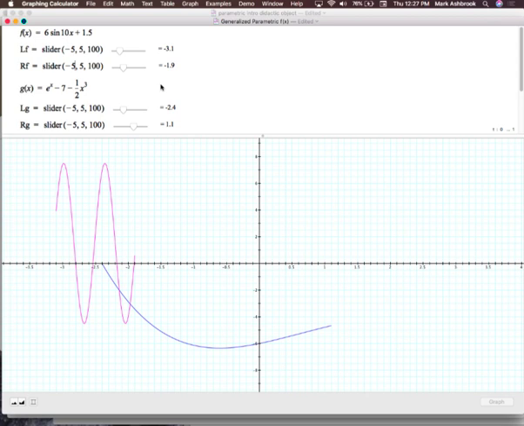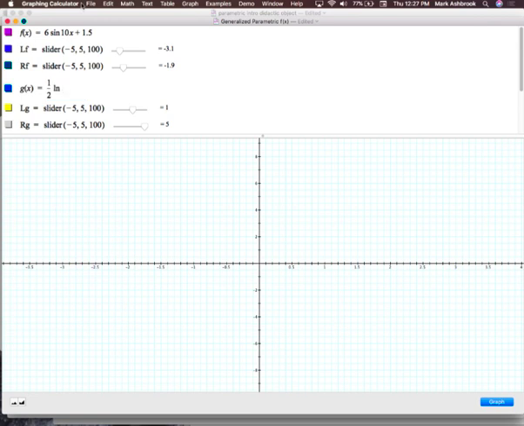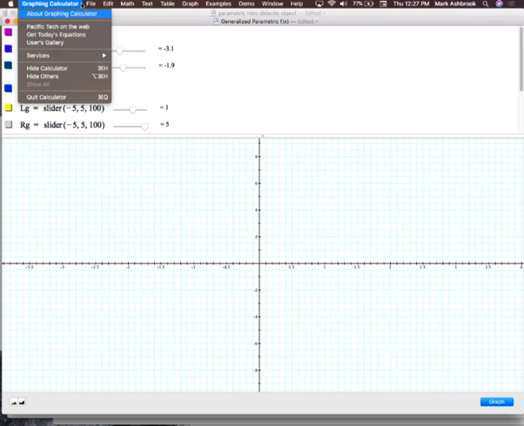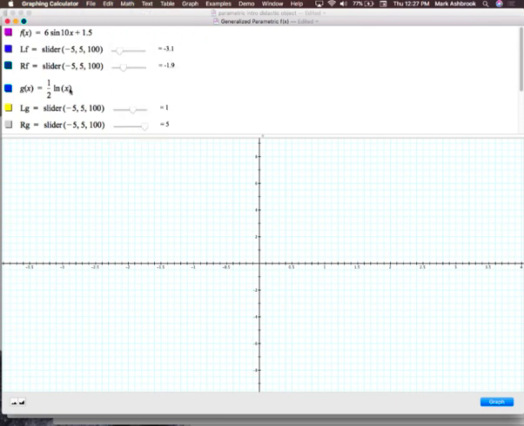All right, and so here's the g function. So I want to show g from 1 to 5. So right here I am showing g from 1 to 5. But then I can come in and say, oh, this is the wrong function. I want, 1/2 ln x plus 5 times cosine x.